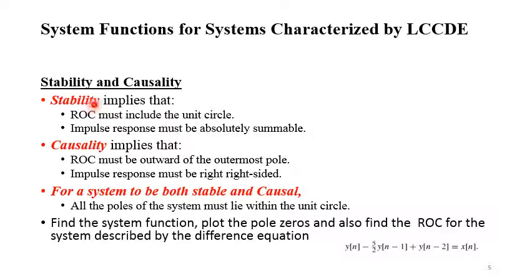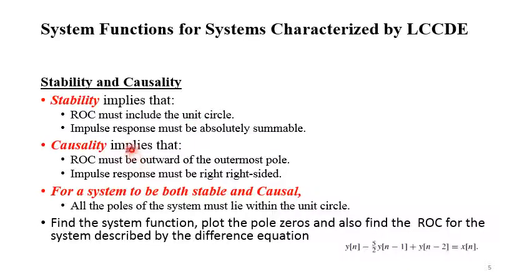So in case of the z transform, we have a mathematical expression and the ROC. For a system to be stable, the ROC must include the unit circle. If this condition is satisfied, then we say the system is stable. If the ROC does not include the unit circle, then although the z transform for that system response exists, that system is not stable.